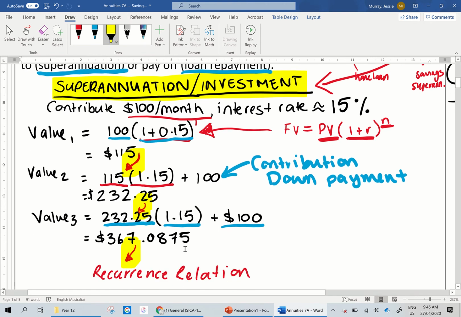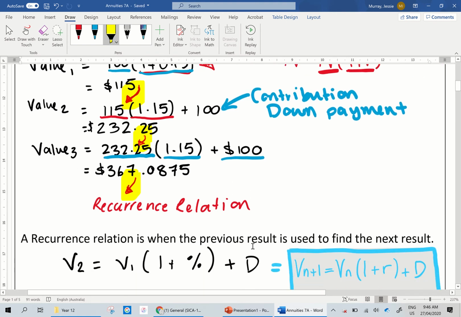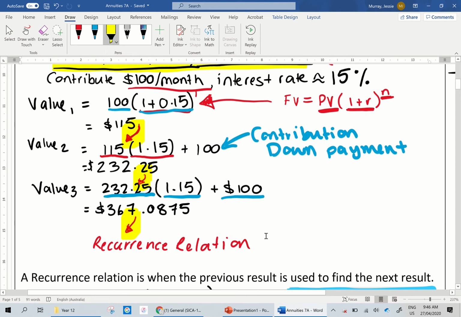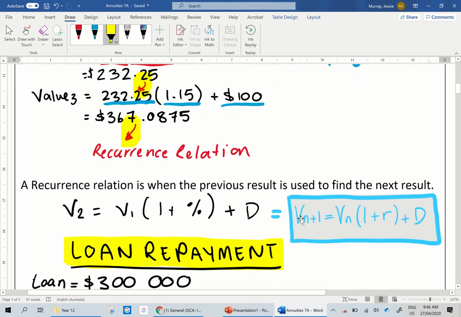So, what do we actually call that when we keep using that same number and bringing it down? It's a recurrence relation. So a recurrence relation is when the previous result is used to find the next result. So pretty straightforward. And that's what you're doing here. So what did we do each time? Well, let's think about this.